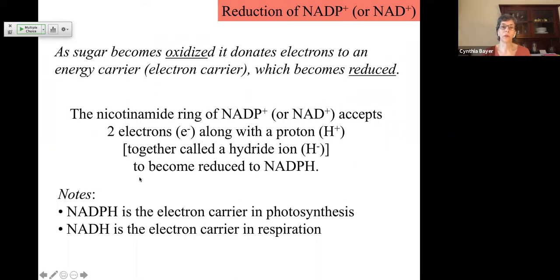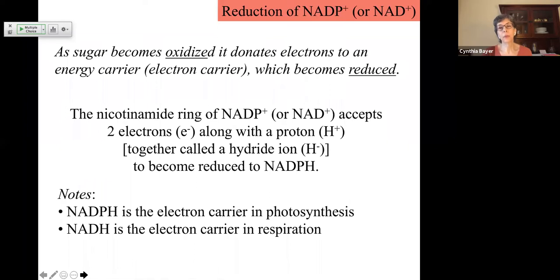So for example, in photosynthesis, NADPH is the electron carrier that's reduced. NADH, without the P, without the phosphate, is the electron carrier of respiration. So you can remember NADPH, P for photosynthesis.